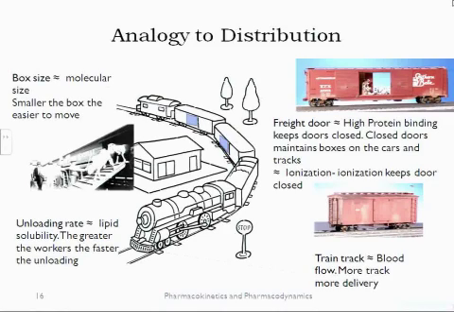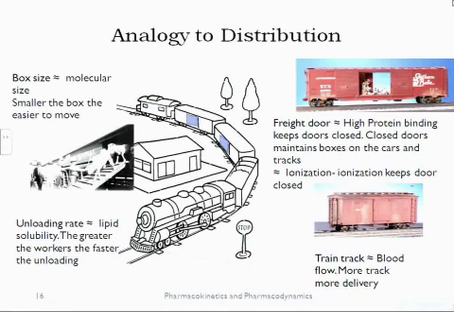The other thing that helps keep the doors closed is ionization. If you have something ionized, charged, then that medication does not want to leave the boxcar. It wants to stay right where it is. It's happy. If you unionize it, then it'll transfer across and be delivered.